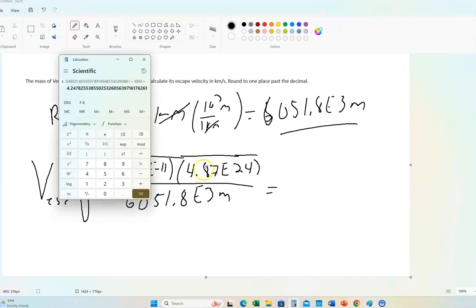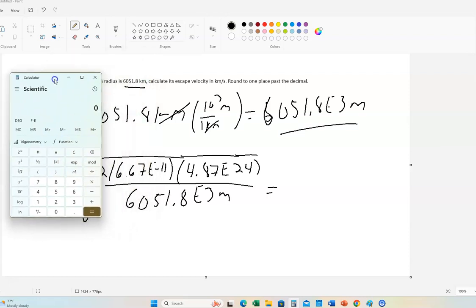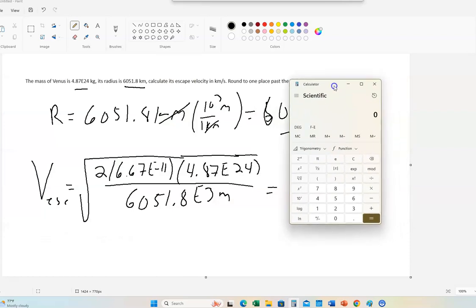All right, here we go. That was the one for Mercury. Let's clear this. Let me move it to right here. So we're going to do what's underneath this square root because that's the way this calculator works best.